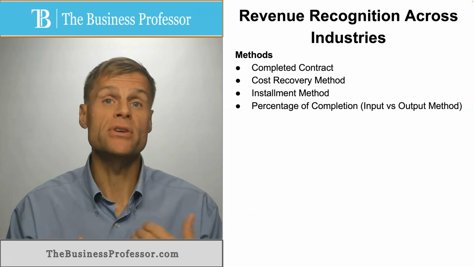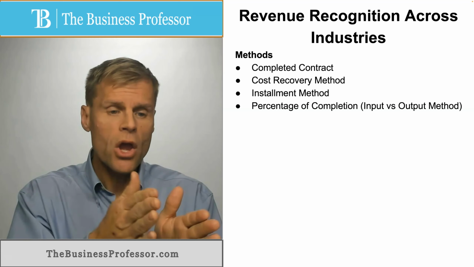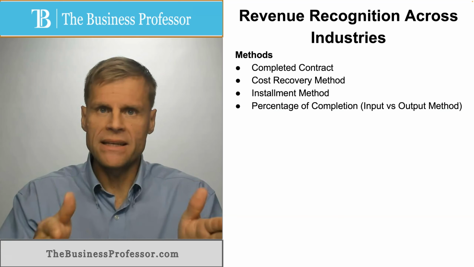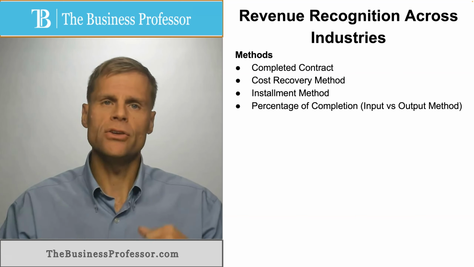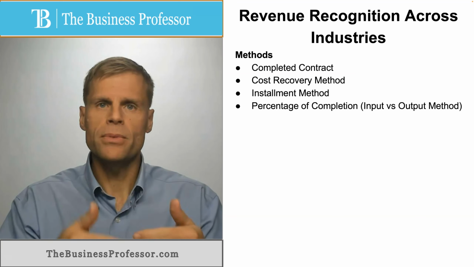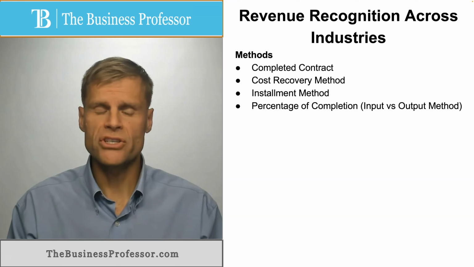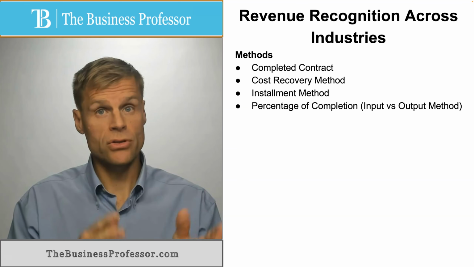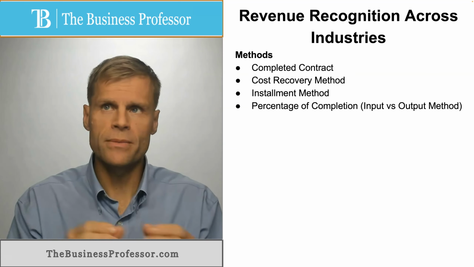Another method would be the percentage of completion method. That is, you have a contract that you are completing along and along, and you would record revenue based upon the percentage of completion. Now, this method generally has two acceptable approaches, the input method and the output method.